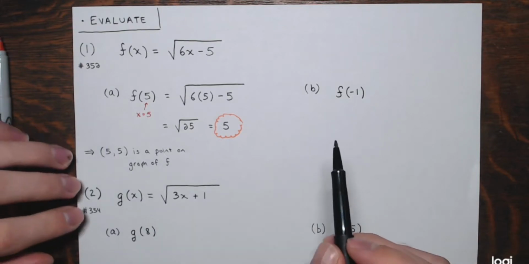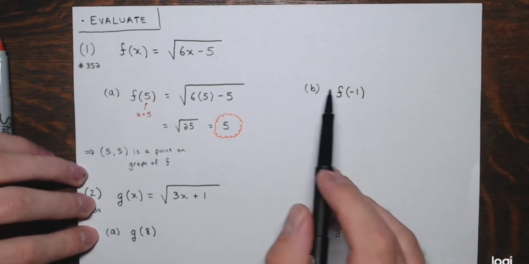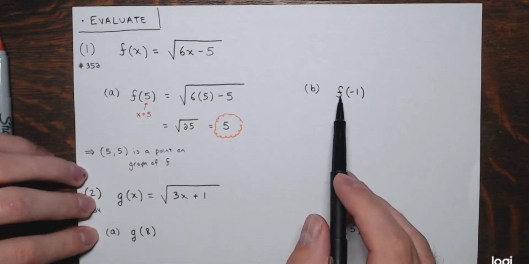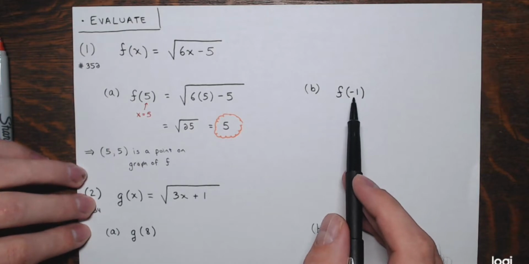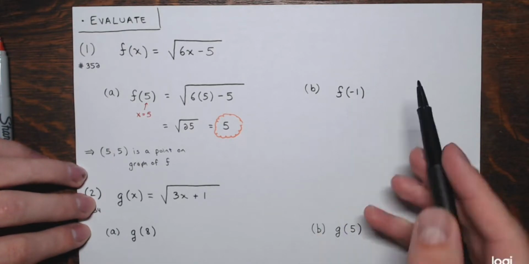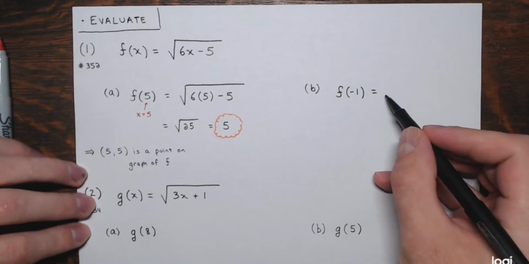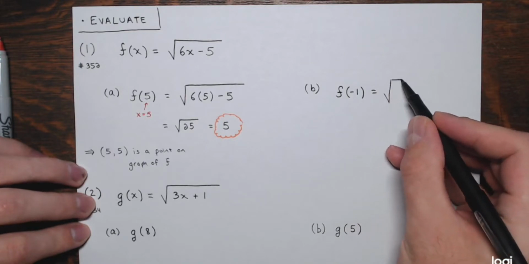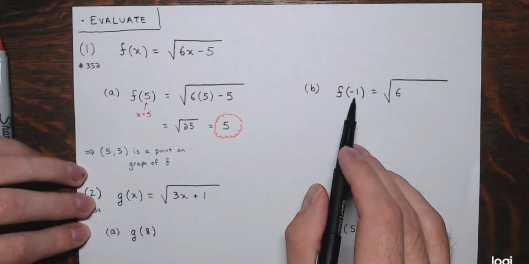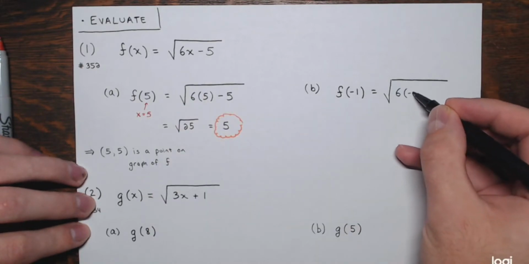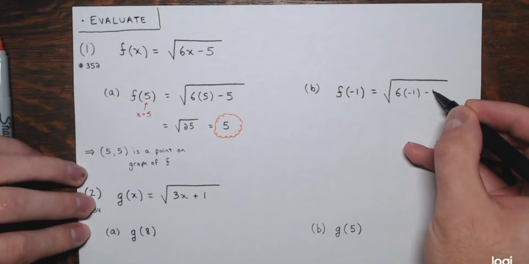Okay. Part B, same function f here that we were given. We're asked to find the value of the function when the input is -1. So this is the square root of 6 times, and then x becomes -1, minus 5.